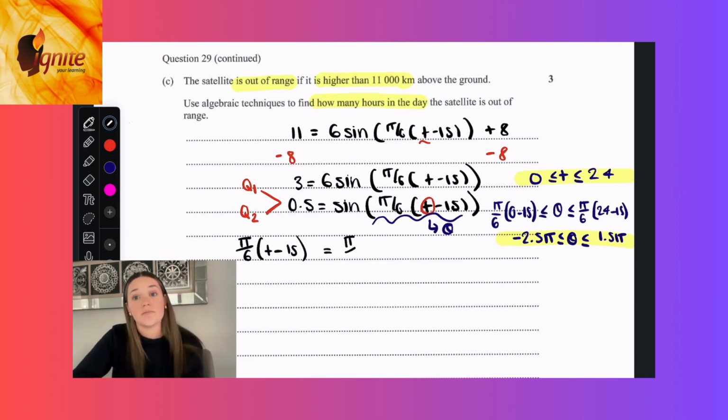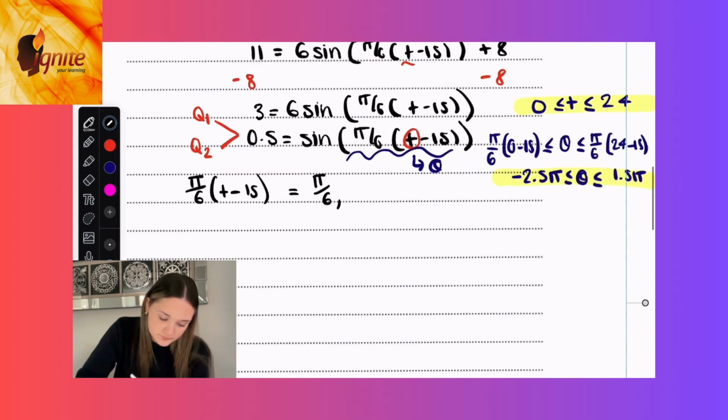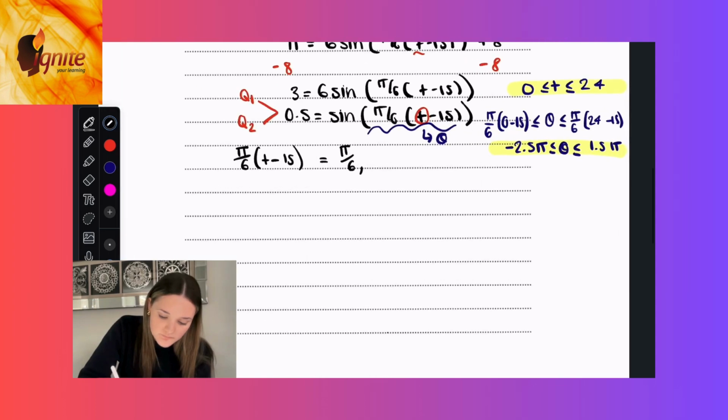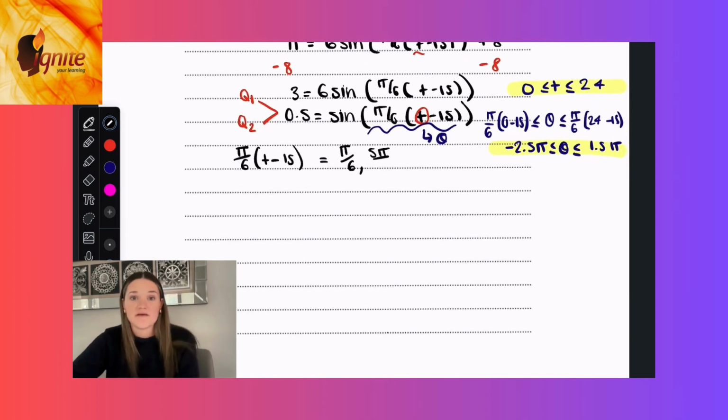I can also take pi minus pi on 6, so 180 minus 30, which is equal to 150, or 5 pi on 6. These two fit in my domain.